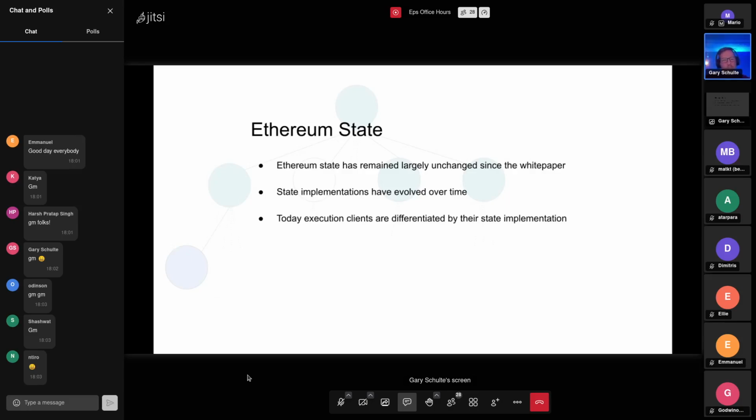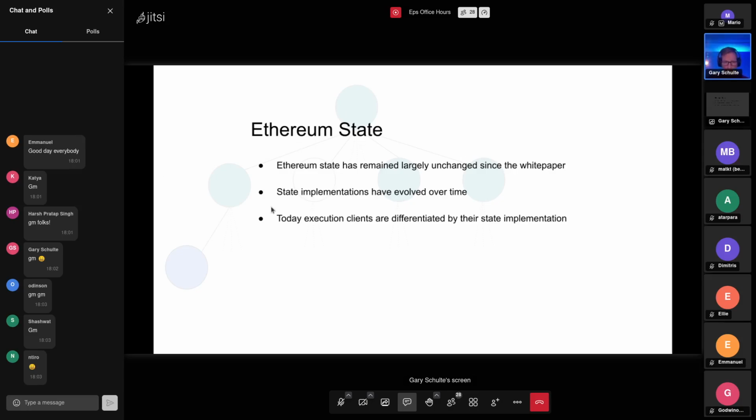The Ethereum state has remained largely unchanged since it was originally specified in the white paper in 2016. That's to say that the Patricia Merkle tree has remained largely unchanged. There's work afoot right now to move to Verkle trees or some other vector commitment strategy.